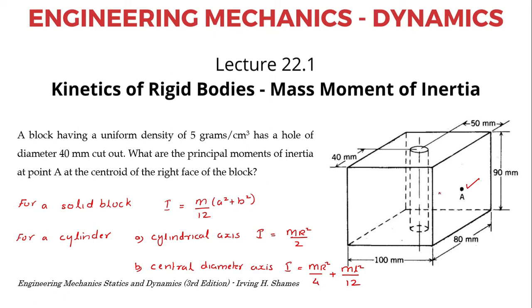So first, let me fix the corresponding axis at point A. So say this is my x-axis, this is my y-axis, and this is my z-axis. I will fix my axis in this way. Now I shall reproduce this figure here once again.